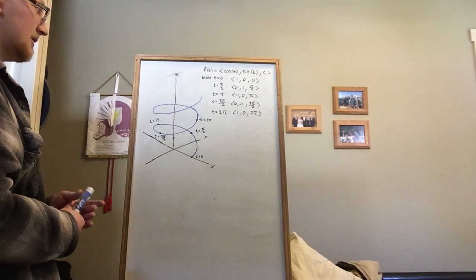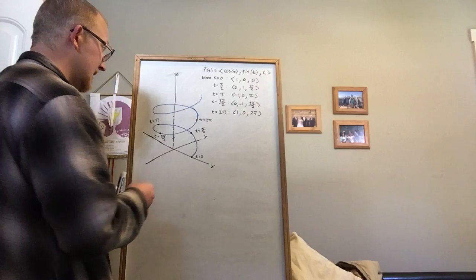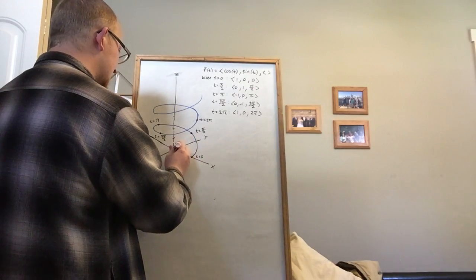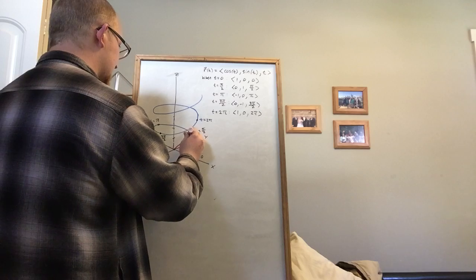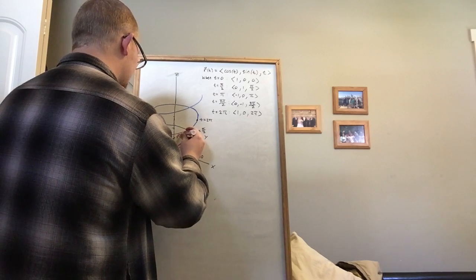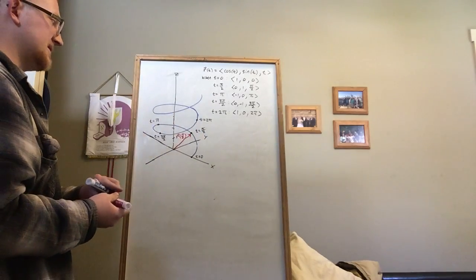So let's take a look at when t equals pi halves. Here's our vector r, which is r at time pi halves. So r parentheses pi halves.